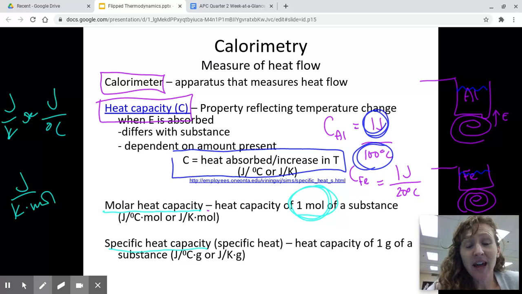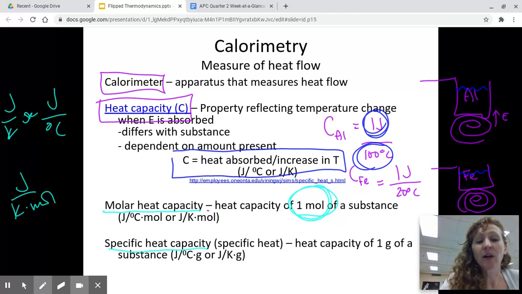You can put this into a sentence: how much energy does it take to raise the temperature of one mole of substance one degree? That would be molar heat capacity.